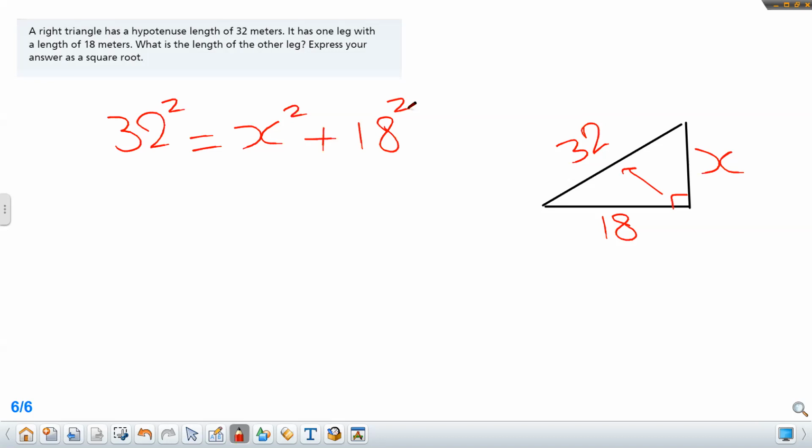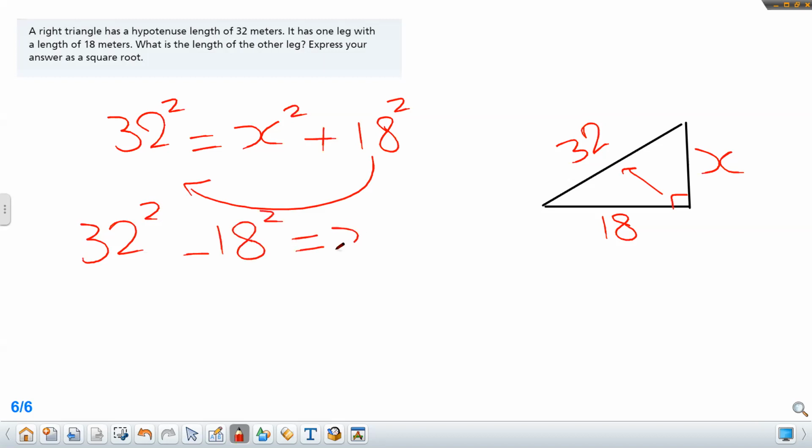Then move 18² to the other side by subtraction. Then we can say 32² minus 18² equals x². Then evaluate 32² minus 18². It will be 700. Then x² equals 700.